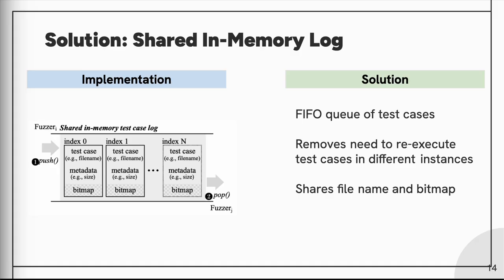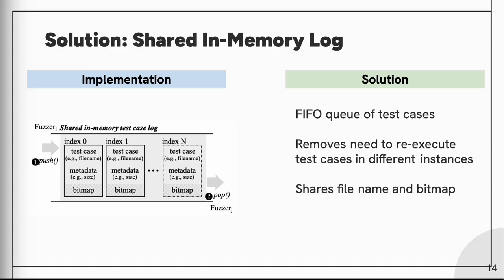This is a circular queue that only the master session can add to, and each slave has its own tail marker as the test cases are synced to each fuzzing session. To add new interesting test cases, a fuzzer can push the test case so that the queue contains the file name and trace bitmap for that test case.